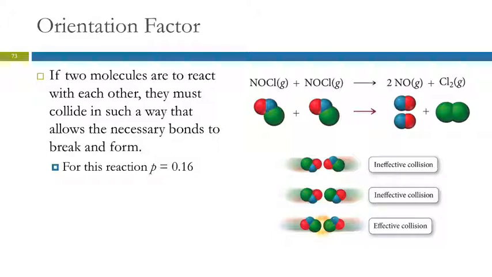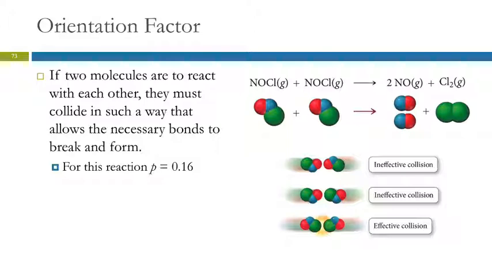Doesn't matter how hard they hit, it's not going to cause a reaction. If you have your chlorine bumping into the oxygen, also not going to work. This is only going to react when the chlorines collide with each other. When the chlorines collide, a bond can form between the two chlorine atoms. The bonds between the chlorine and the nitrogen break, and you end up with this up here. Does that make sense?